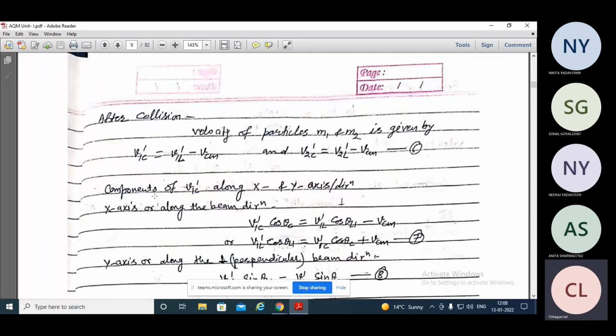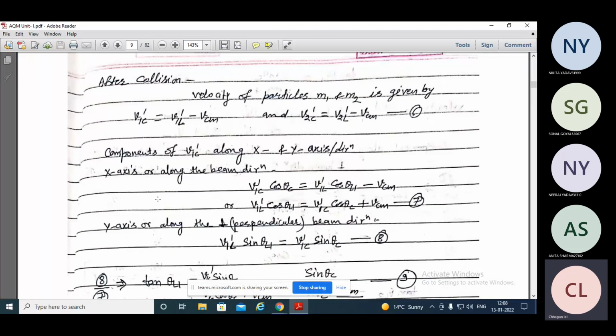Now after collision, we can start with the velocity of the particles M1 and M2. For the M1 particle in the C frame, with respect to the center of mass, we can represent the velocity by V1C prime. Then V1L prime is the velocity of the M1 particle after scattering in the laboratory frame, and with respect to the CM, we subtract VCM from here. Exactly the same for the M2 particle, we can represent V2C prime, the velocity of the second particle in the C frame, with respect to the center of mass.